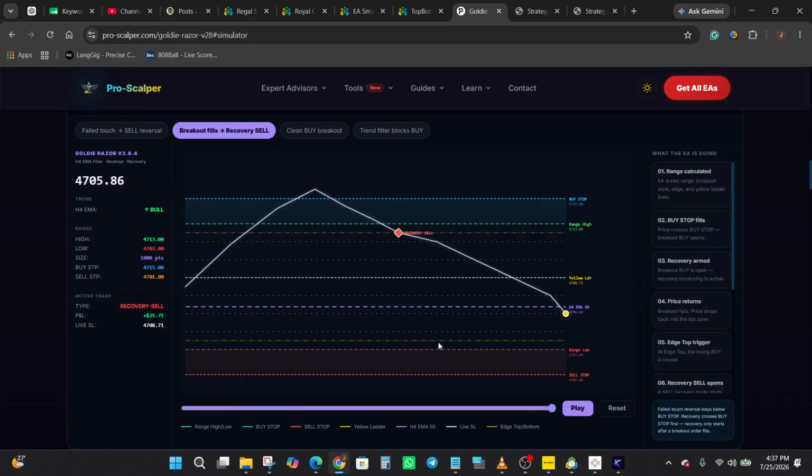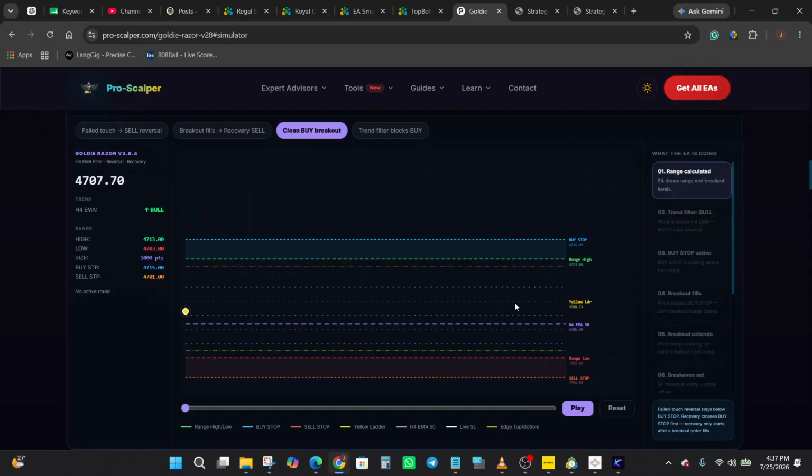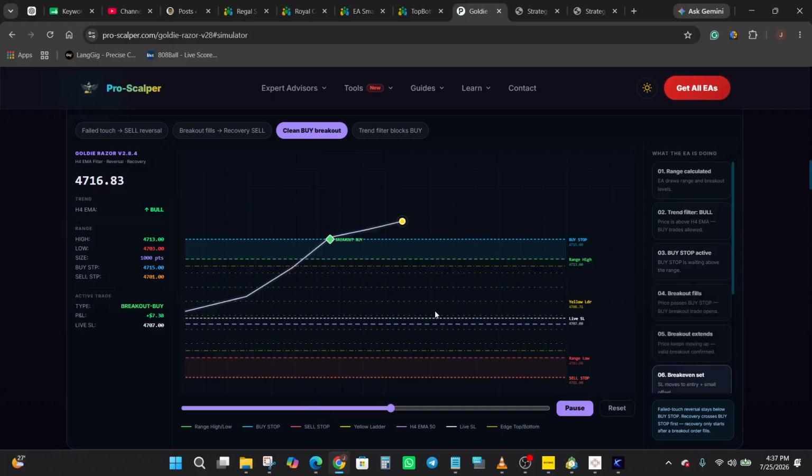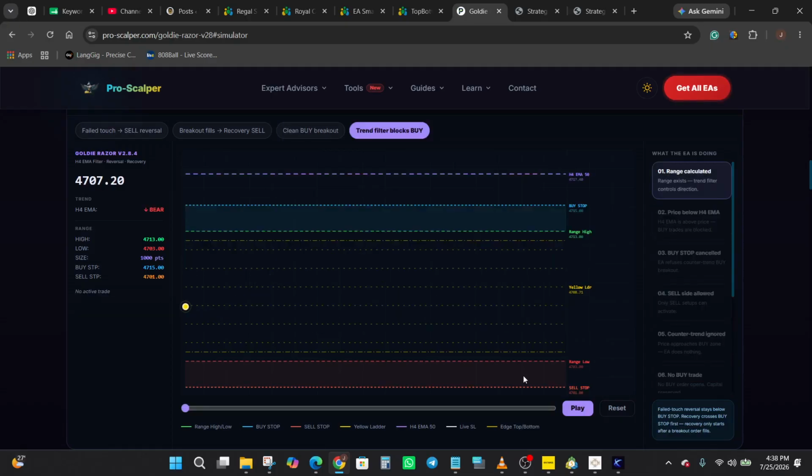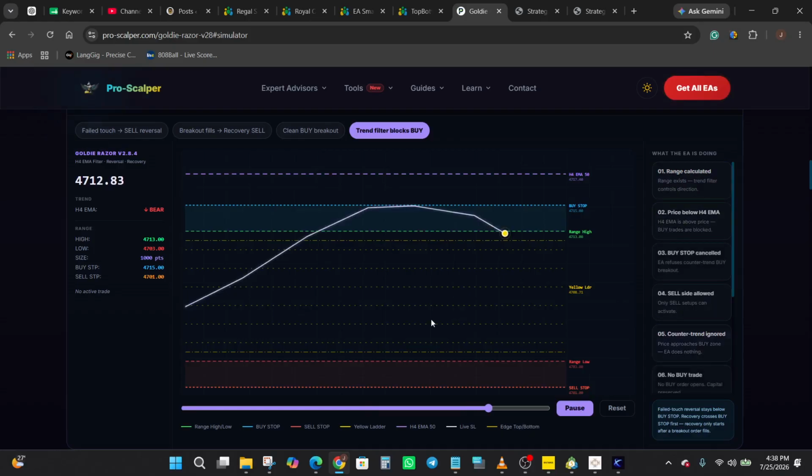And then we have a clean buy breakout with standard trailing and break even. And then finally, we have a trend filter scenario where counter trend buy setups are blocked entirely because price is below the H4 EMA.